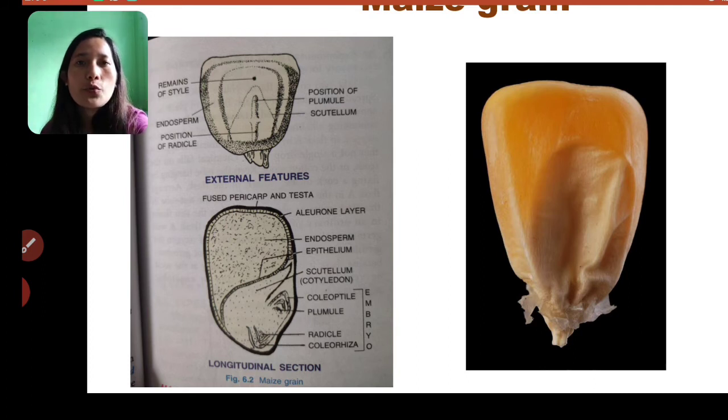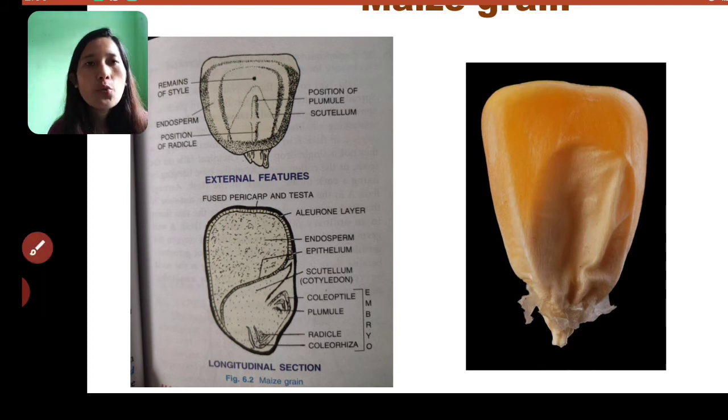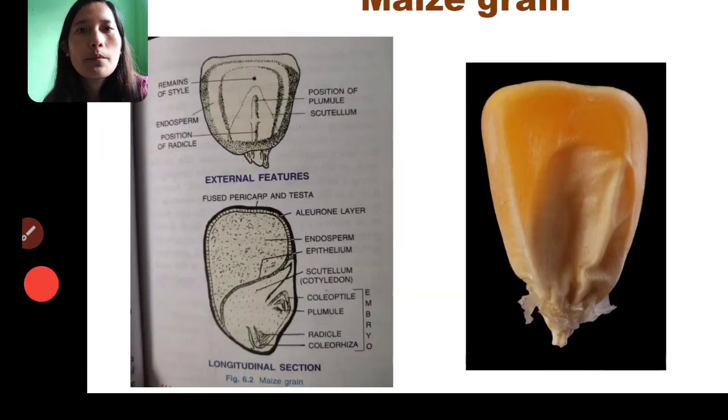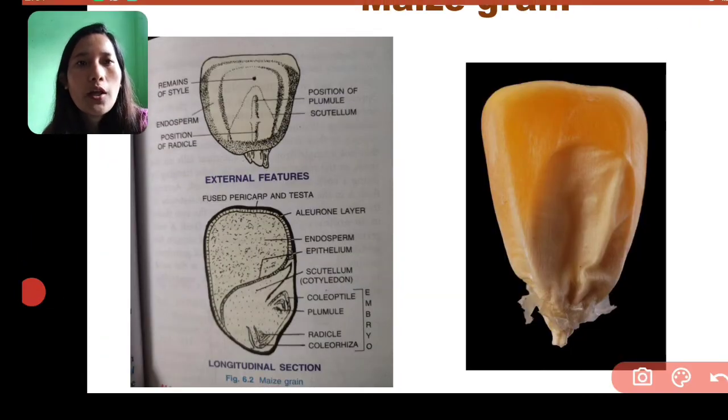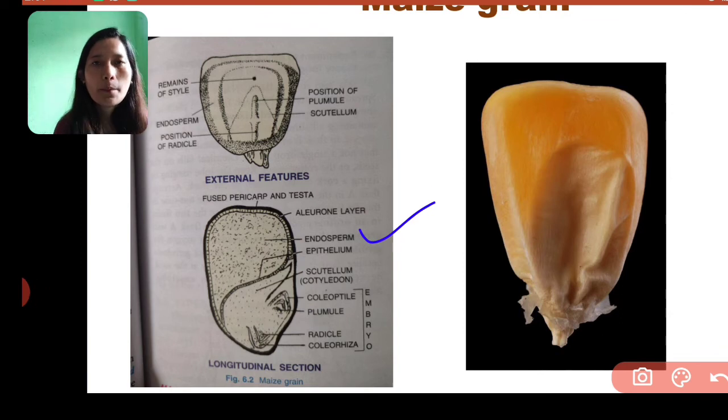In a monocot seed, most of the region is covered by the endosperm. The outermost layer of the endosperm is covered by an aleurone layer. It's a proteinaceous layer. This layer also separates your cotyledon from the endospermic region.